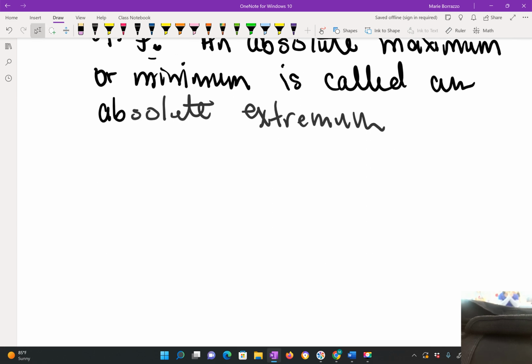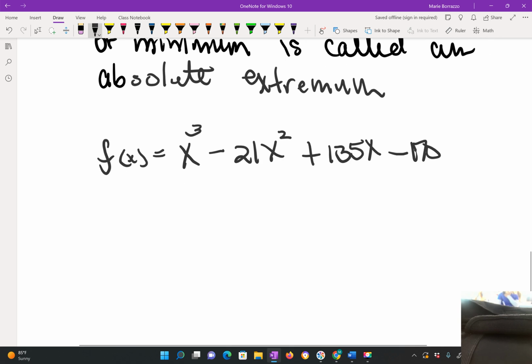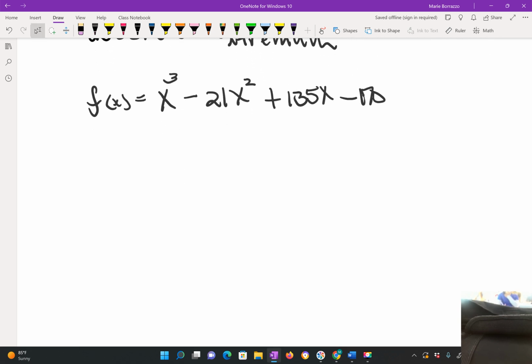So if we're looking at absolute extremums, they give us f of x is equal to x cubed minus 21x squared plus 135x minus 170, and we're going to look at it at various intervals. So what they're saying is we could take this diagram, and so let's go ahead and draw the diagram.